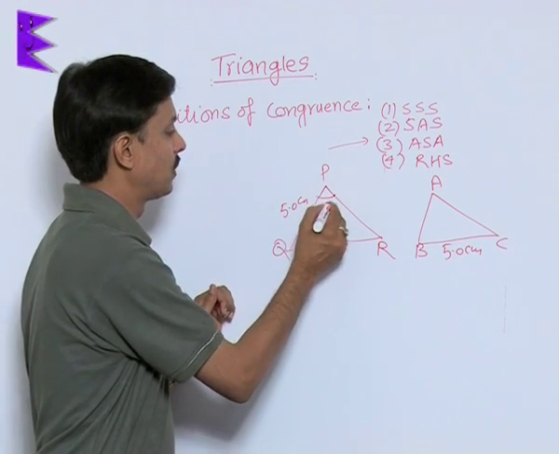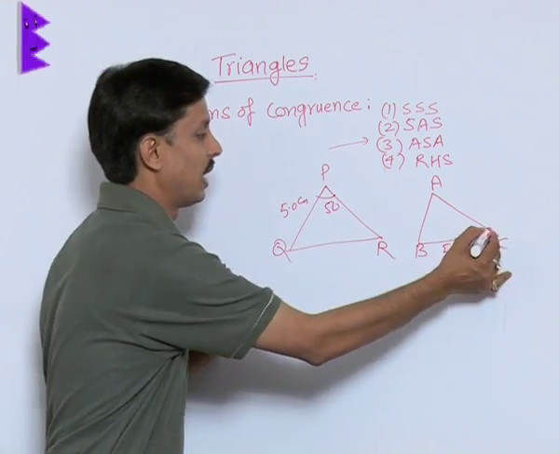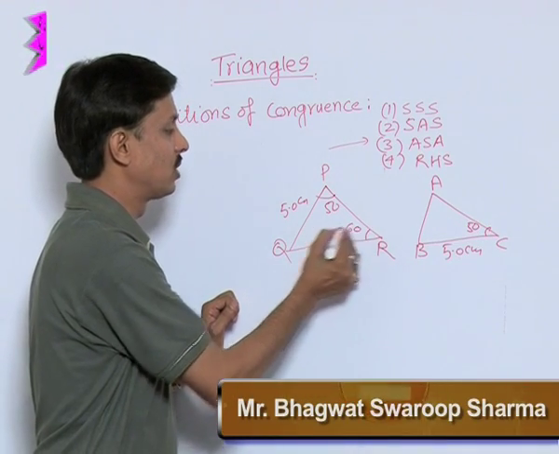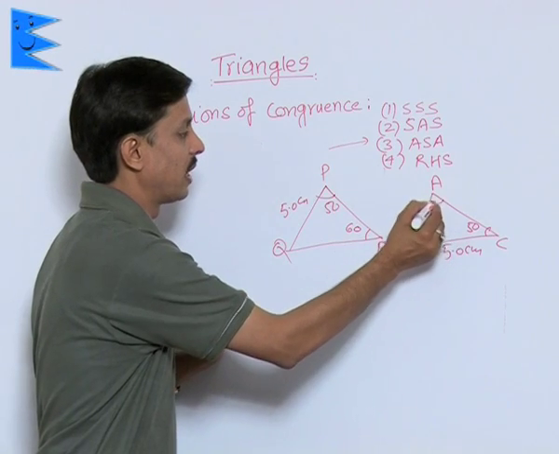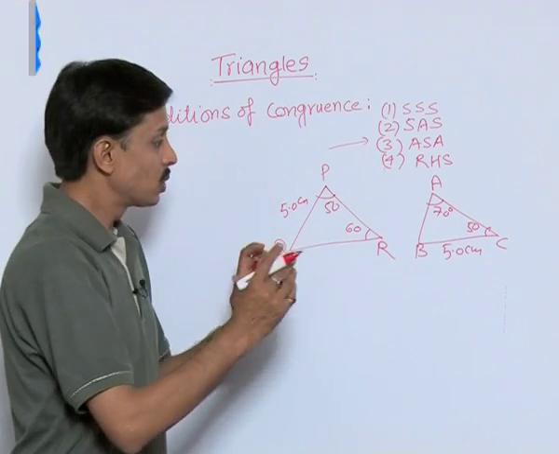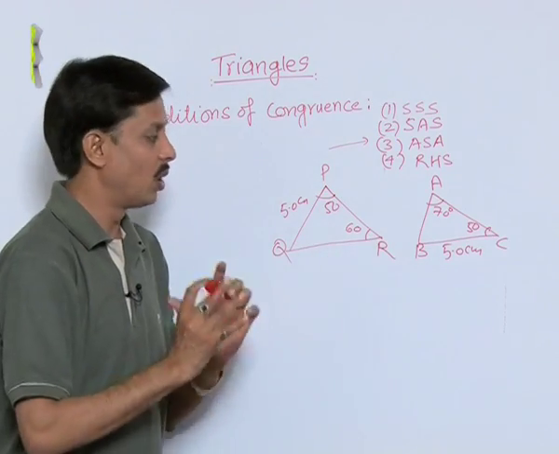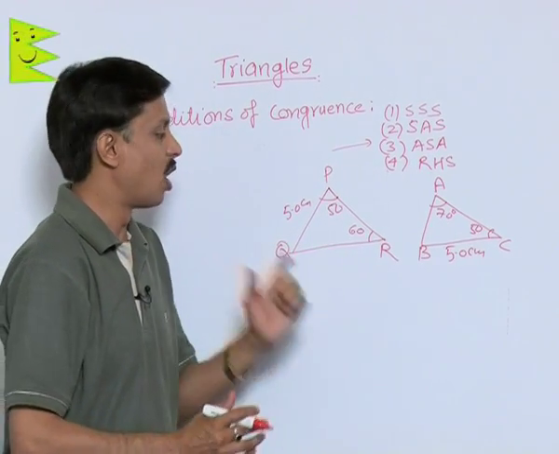Here the angle is 50 degrees. Here the angle is 50 degrees. Here, if I write, the angle is 60 degrees. If I write here, the angle is 70 degrees. So at first look, we are clear that the triangles are not congruent, but it is not so.